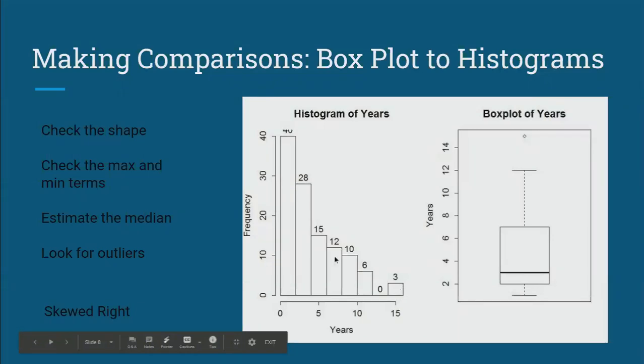So when we look at the 2, the minimum is 0, the maximum is 12. Again, started here at 0, ended here at 12, the main body. The median falls between 2 and 4.